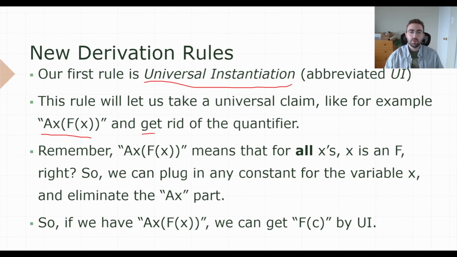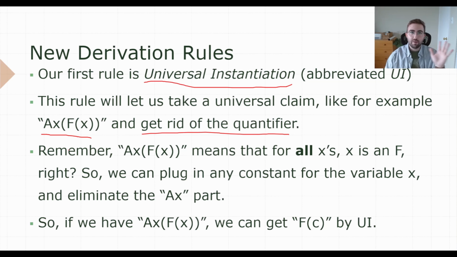And we're going to be able to get rid of the quantifier, which we'll need sometimes. If we're trying to prove a particular claim like c is f, we might need a way of going from a universally quantified claim like all x's are f to the specific claim about the constant.